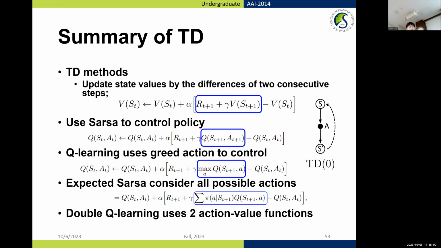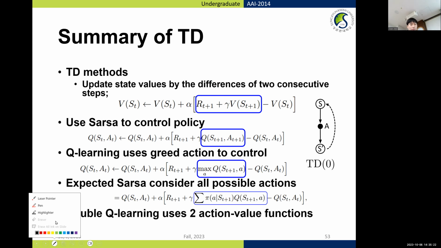Okay, summary. So far we have learned different TD methods. I listed all the variants of the TD method here.